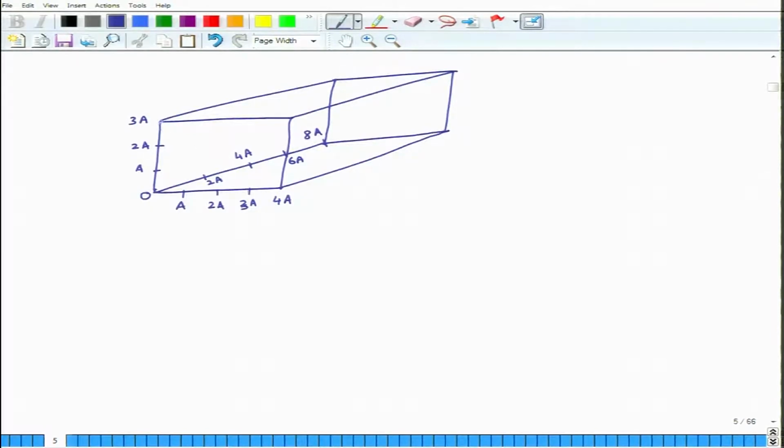So, I have a body which is something like that, and if I just connect these, so this is my plane. So, I can see my unit cell parameters are a is equal to 4a, okay, b is equal to 8a and c is equal to 3a, all right.